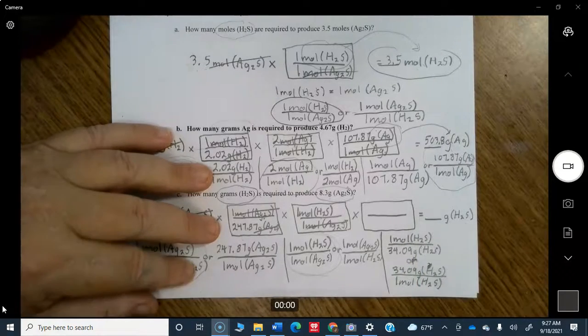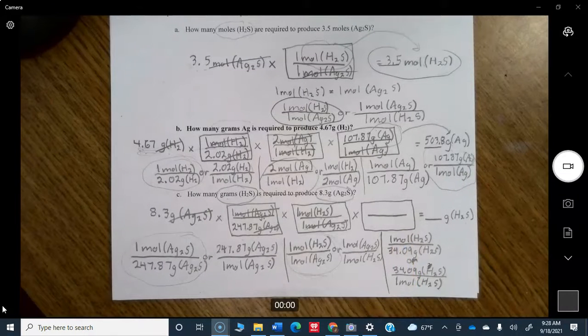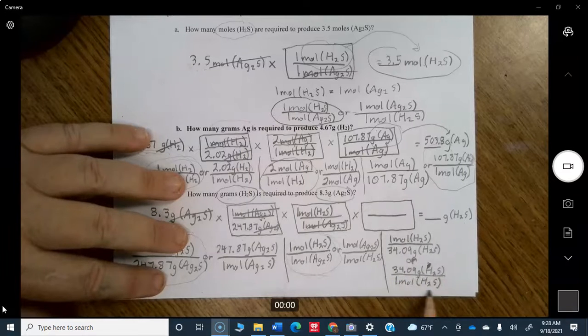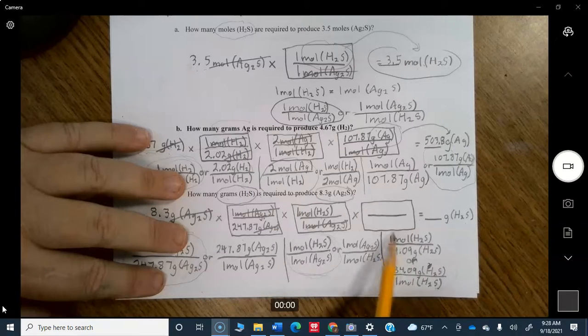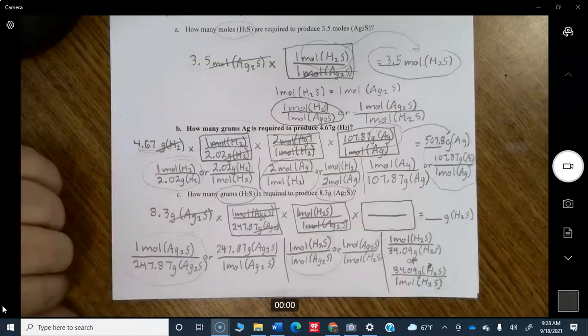So there's your two conversion factors right there. Which one goes in here? So this time you have two reasons to pick it. It's going to be this one. You need moles of H2S on the bottom here to cancel, and you need grams of H2S to appear on the top so that it's in your final answer.